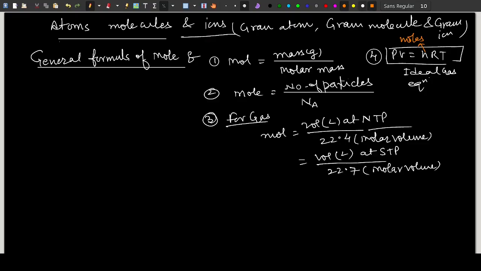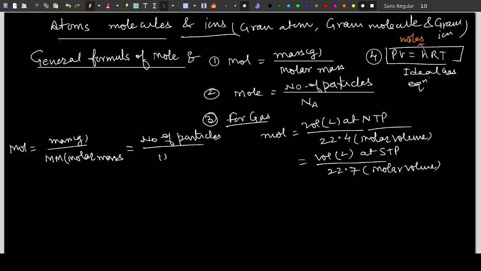We are combining these three formulas, so we can say mole is equal to mass in gram upon molar mass, and is equal to number of particles upon Avogadro's number, and it is equal to volume in liter at STP divided by 22.7.